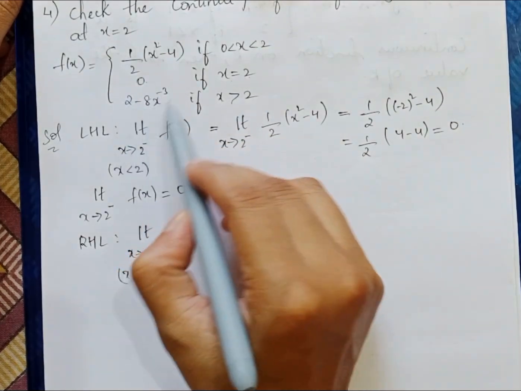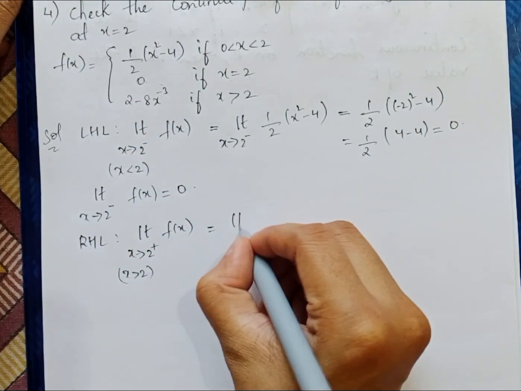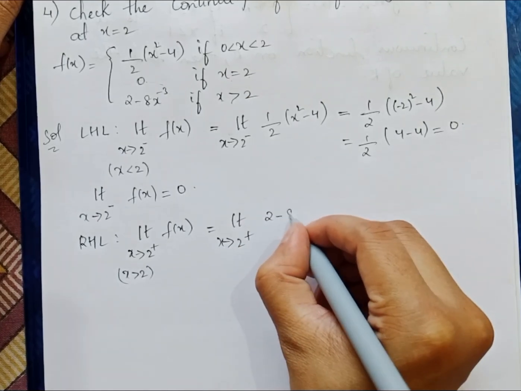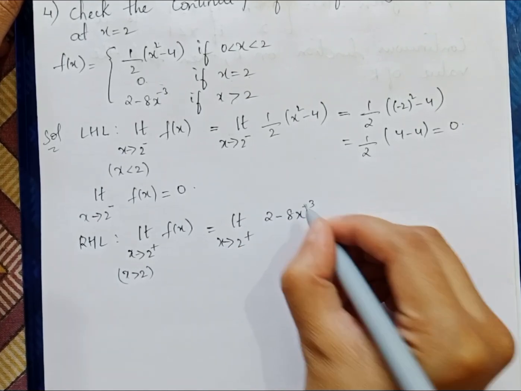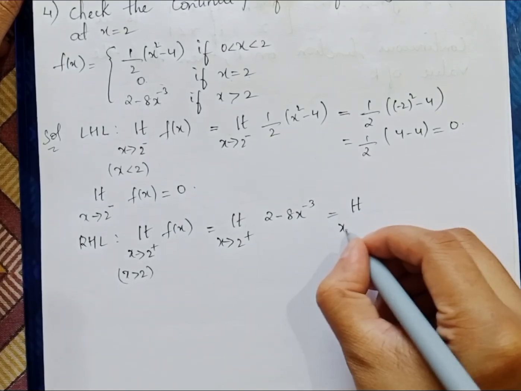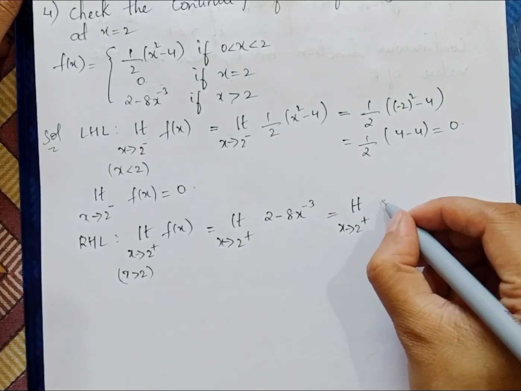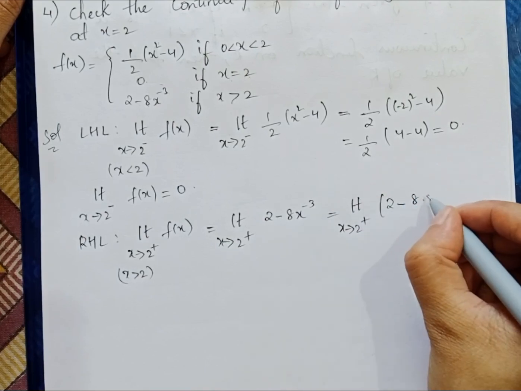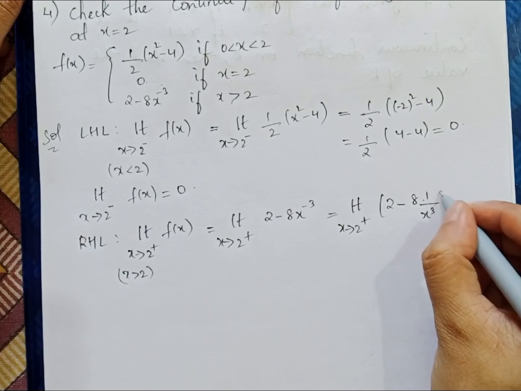So greater than 2, the function is this. I'll write here limit x tends to 2 positive. The function is 2 minus 8 into x power minus 3. So it will become limit x tends to 2 positive, 2 minus 8, where x power minus 3 can be written as 1 by x power 3.